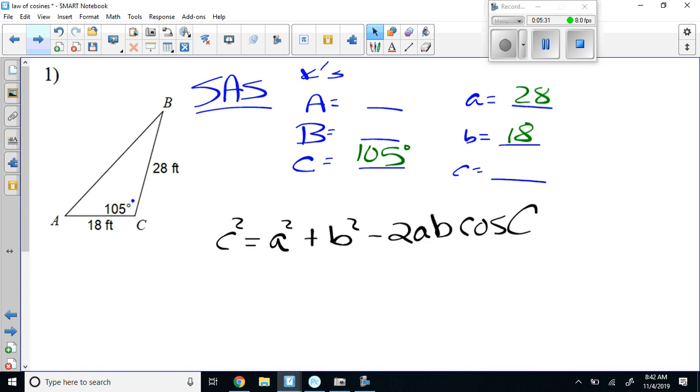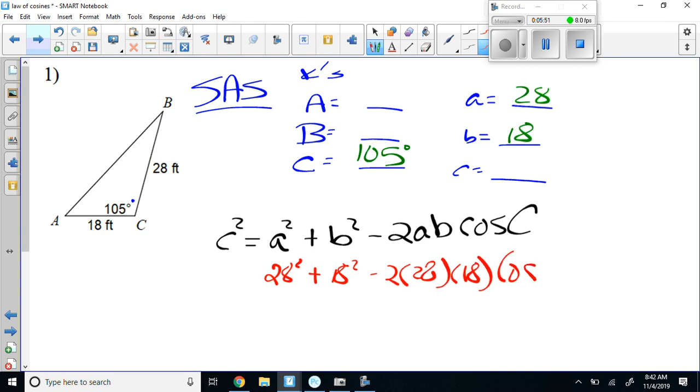Okay, so after we plug all this stuff in, what do we have to do? Take the what? Square root, right? Y'all with me? So we've got 28 squared plus 18 squared minus 2 times 28 times 18 times the cosine of 105, right?